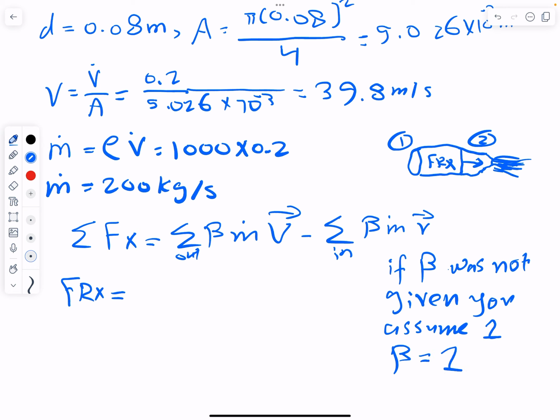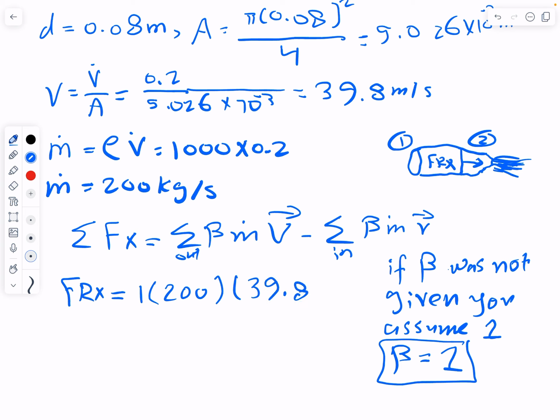Beta is approximately 1, so we say 1 times the m dot, which we found now 200, times the exit velocity, which is 39.8, and then minus in.